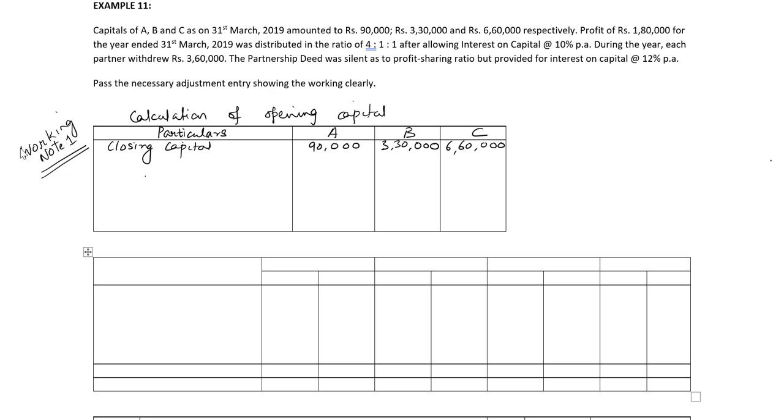We need to add back the drawings. It's given that during the year each partner withdrew 3,60,000. So we'll add back 3,60,000 for each partner.